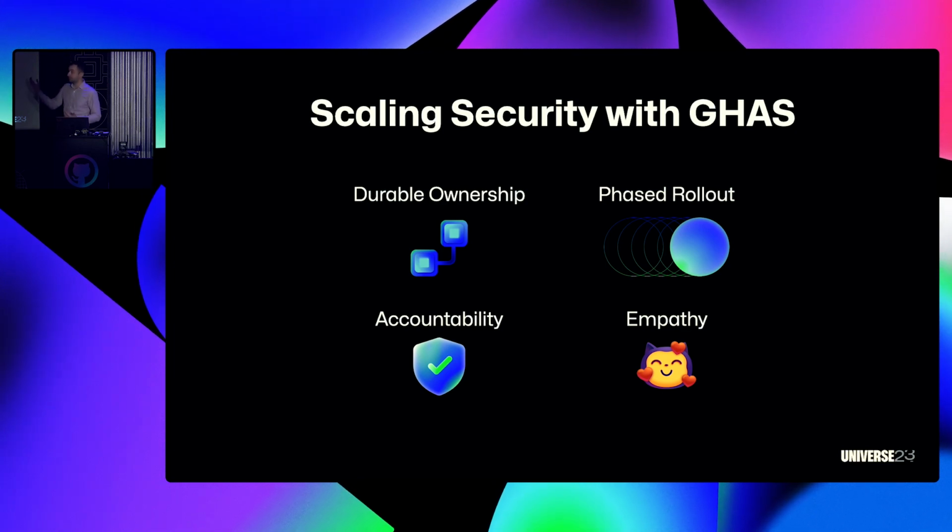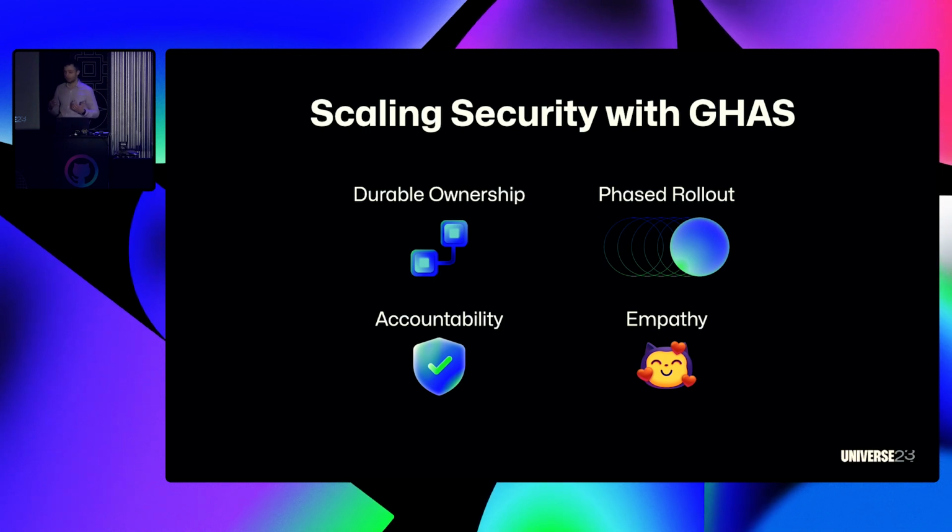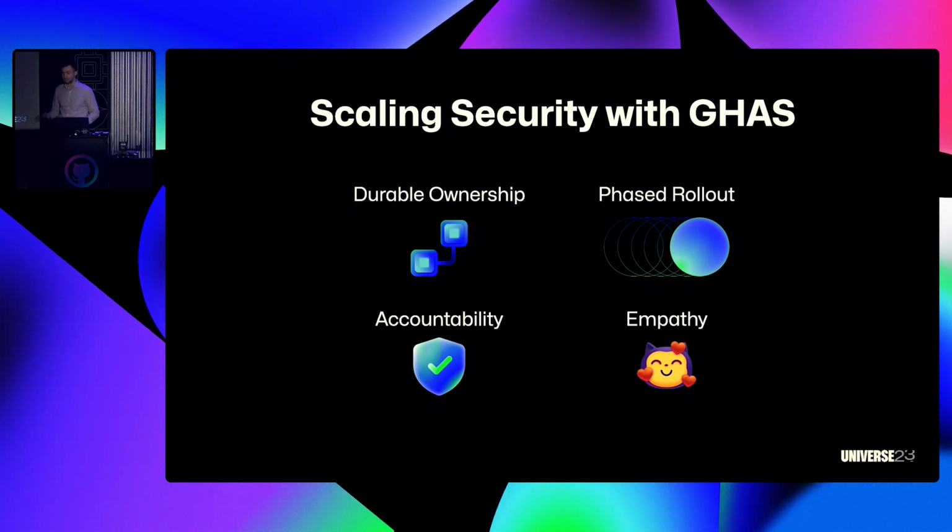We decided to do a phased rollout, and we think that was a key piece of our success because we started with a pilot phase. We started with ourselves. What friction did we experience? At GitHub, we say ship to learn, right? Iterate, apply those lessons learned. And then lastly, critically, empathy, right? This is interrupt-driven work. Everyone's busy. Engineers are busy. Security's busy.